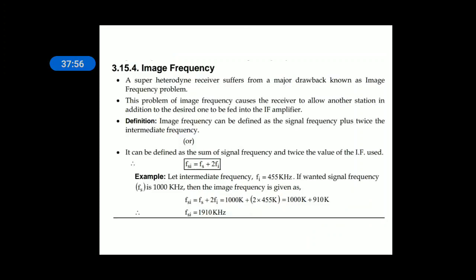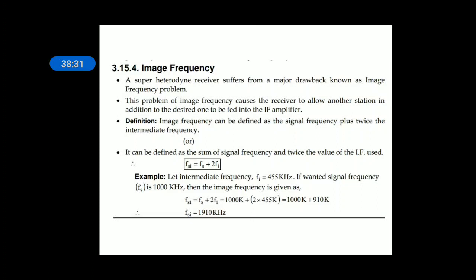Image frequency is one which is the sum of your desired station and double the IF. That means when you are selecting a particular frequency in a superheterodyne receiver, selection is done at the local oscillator frequency such that the local oscillator frequency is equal to the sum of your desired station and IF. Whereas if the RF stage lets in other frequencies, let's suppose a frequency entering through the RF stage is equal to FS plus 2IF.